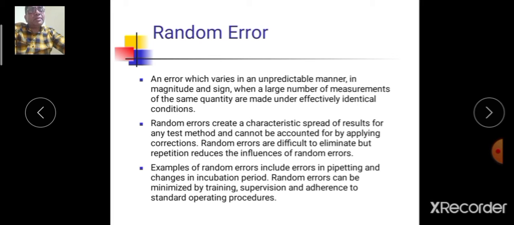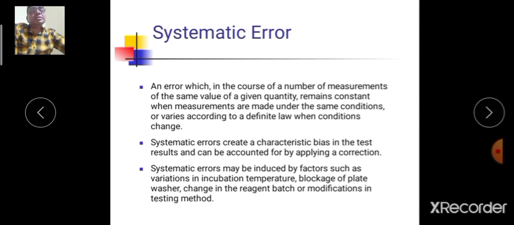These errors are difficult to eliminate, but repetition reduces the influence of these errors. For example, pipetting and changing the incubation period. These errors can be minimized by training, supervision, and adherence to the standard operating procedures.